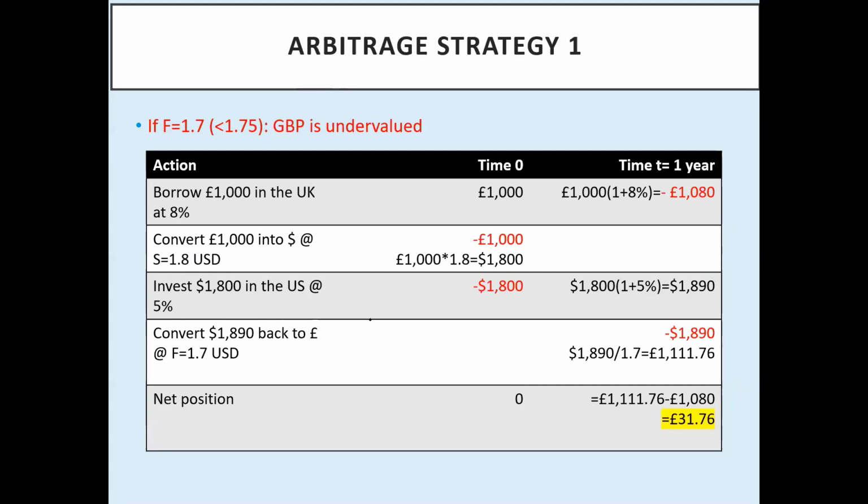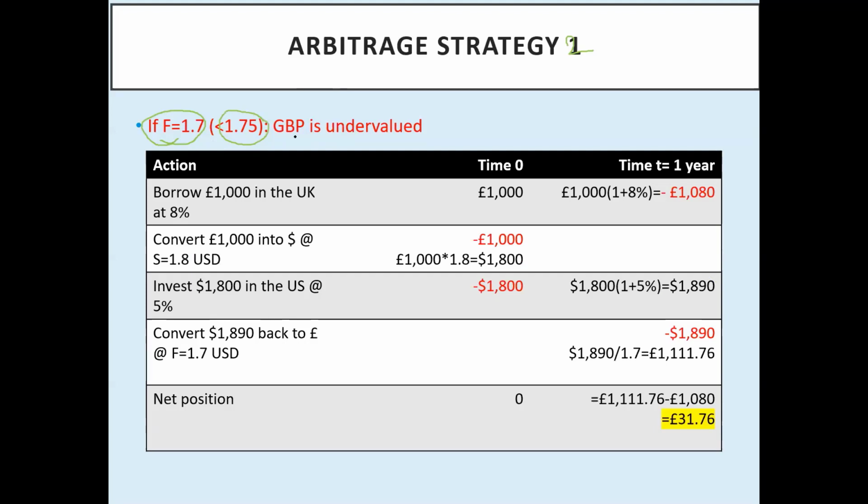In example 2, I'm going to start with a forward rate that is lower than the non-arbitrage rate. Recall from the previous slide, my non-arbitrage rate is 1.75 and my actual forward rate is just 1.7.